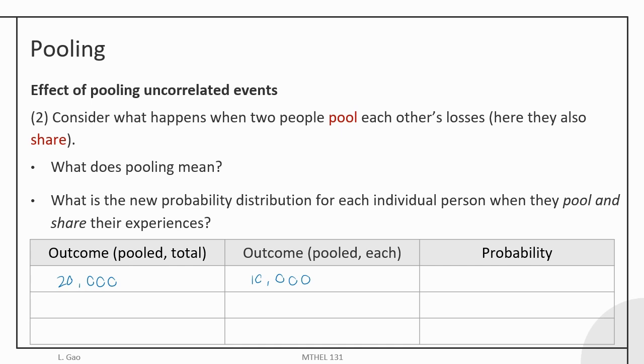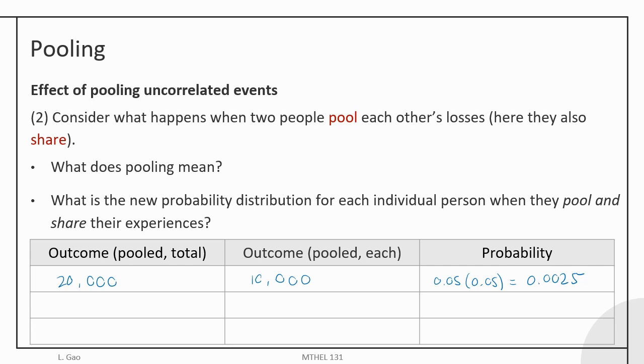What's the probability of this happening? Assuming independence, we just take the probability of the individual losses, so this would be 0.05 times 0.05, which is 0.0025. So one outcome is if both of them experience a loss.